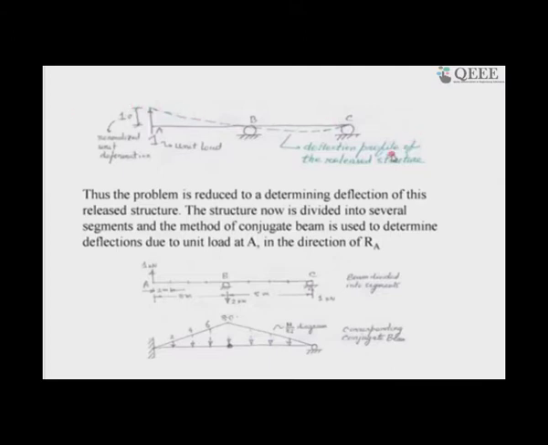This shape, according to the Muller-Breslau principle, which could have been derived from our energy principle and the virtual work principle, but I have not derived it, shows the qualitative influence line, not yet quantitative. But if you normalize it, it of course gives the quantitative value also. We will see how to actually determine that. So, this is a very important and useful conclusion for us.